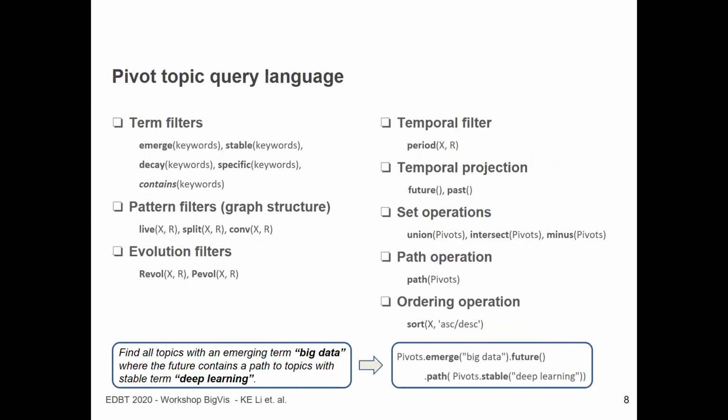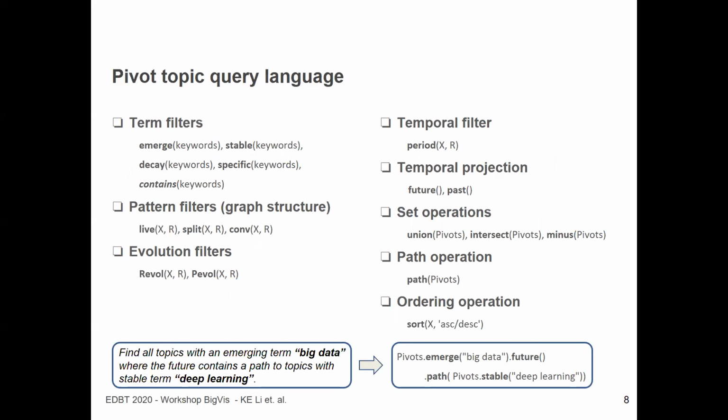Then I will present our pivot topic query language. Except the term filters, pattern filters, and evolution filters that we have mentioned before, we have implemented other filters and operations. For example, the temporal filters allows users to filter all topics situated within a certain time period.